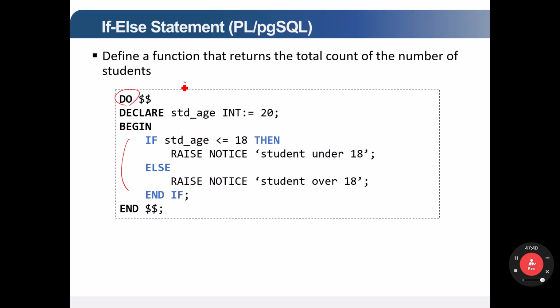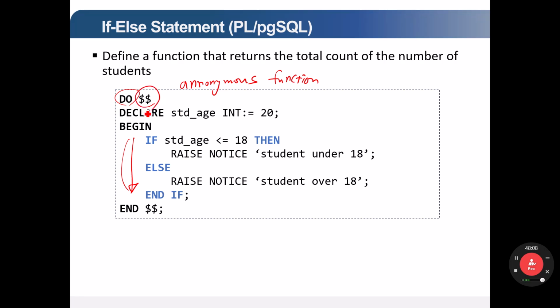This is an anonymous function. It doesn't have a name, so this anonymous function or procedure cannot be called in any other place. These if-else conditional branch and these statements will be just executed only once. So it works like a script.